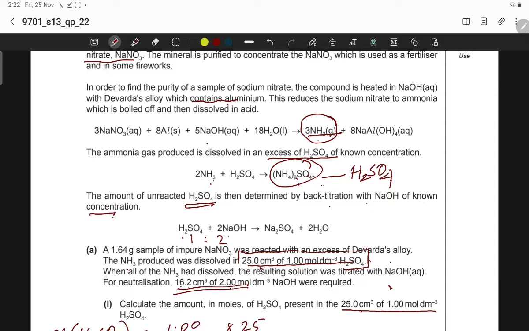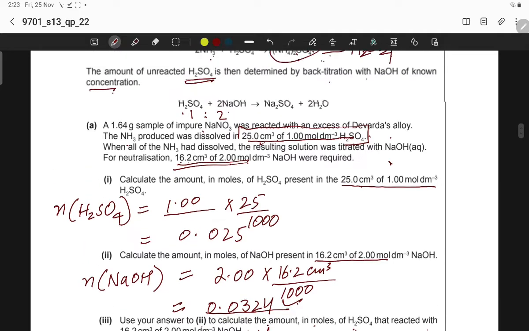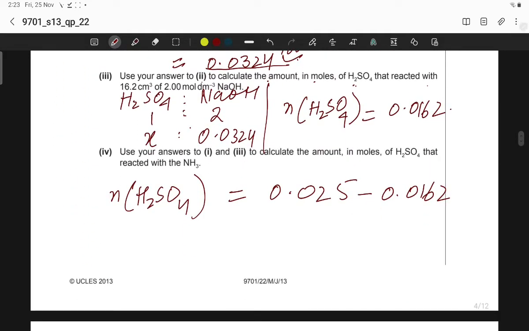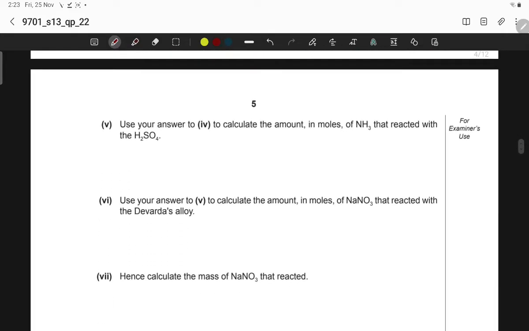The compound which has excess sulfuric acid is further treated with sodium hydroxide to form sodium sulfate, and now the answer is 0.0088. Use your answer to 4 to calculate the amount in moles of ammonia that reacted with H2SO4.